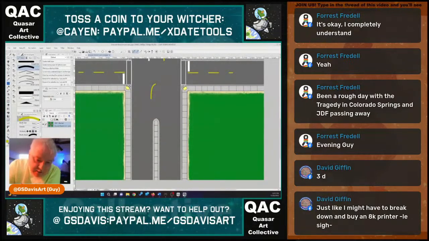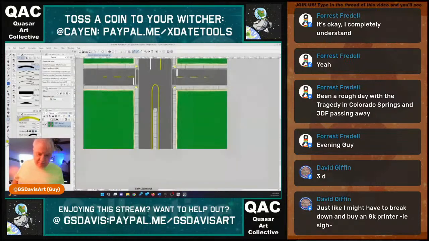Which is, by the way, better marked than what Highlands Ranch came up with, which is one of the reasons why that intersection is miserable. The Highlands Ranch intersection that we're talking about doesn't have these yellow lines to mark it at all.